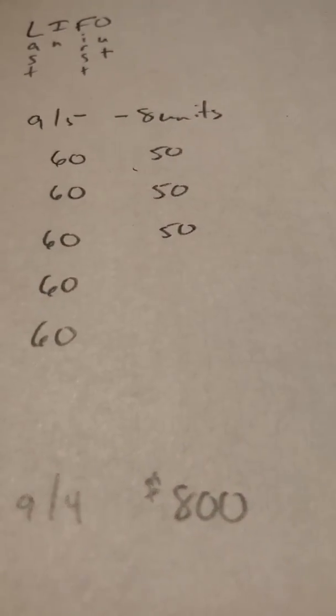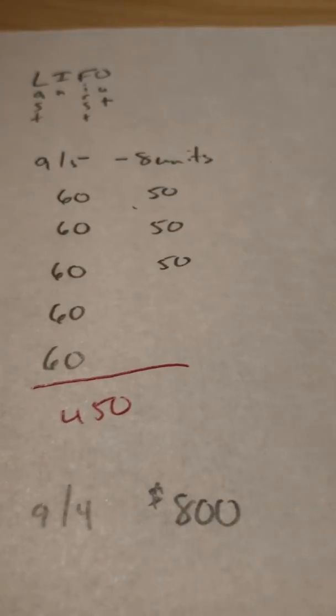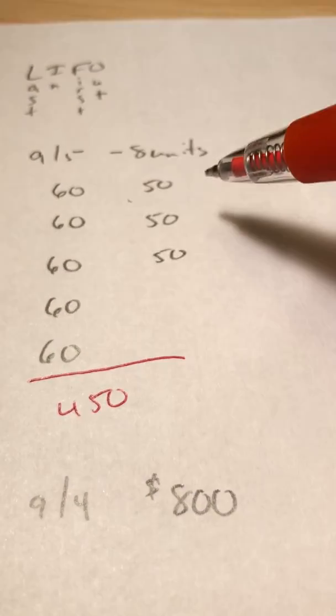I go back. I'm going to cancel out all these units because they're gone, and I'm going to cancel out 3 of these. So the amount of inventory that is leaving me is the 300 plus 150, or 450 total. 450 is coming out of inventory. 300 here, 150 here, 450 is coming out of inventory.